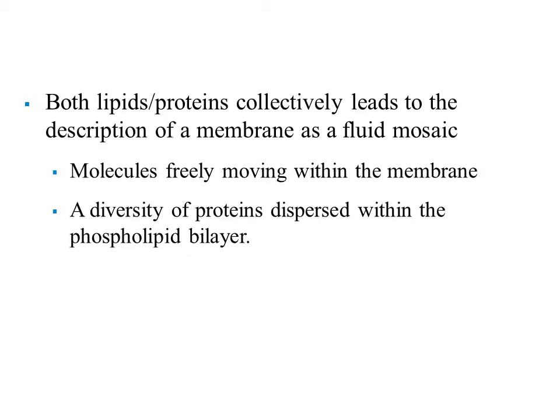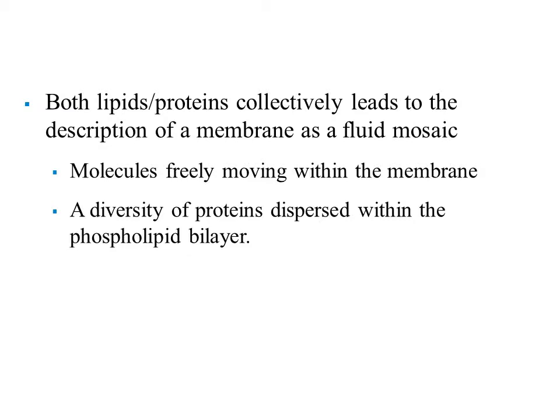Both lipids and proteins collectively lead to the description of the membrane. You heard this in high school. They always said the membrane is a fluid mosaic model. Why do they say that? Fluid means that something is always moving. The phospholipids are constantly moving, 10 million per second.